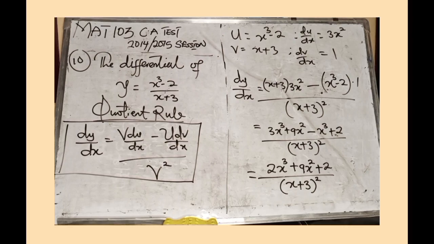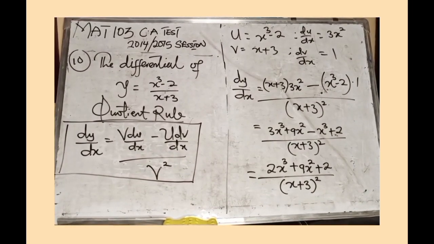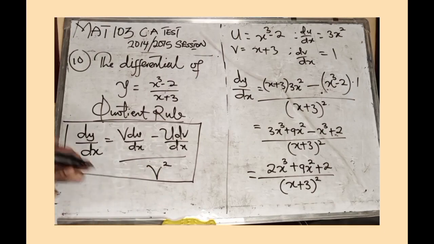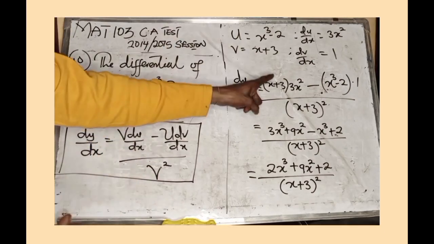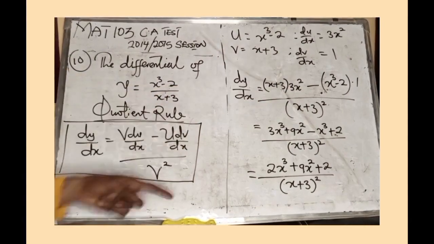Can anything else be done? I think nothing else can be done for that, we can just stop here. The aim here in these derivatives is that we've been able to show our v du dx minus u dv dx over v squared.